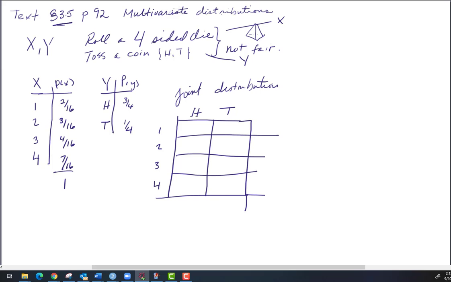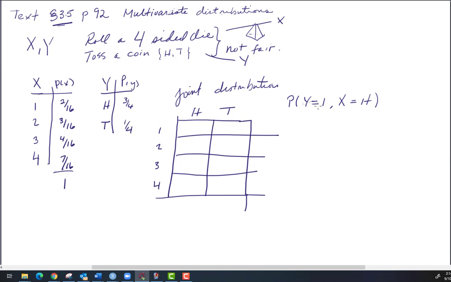So what I would fill in here would be the probability of the coin coming up heads and the die coming up 1. So right here we would have the probability that, let's do the row first, that the coin, no, that's not right. We made coin the y variable. So this would be y equal heads and x equal 1.